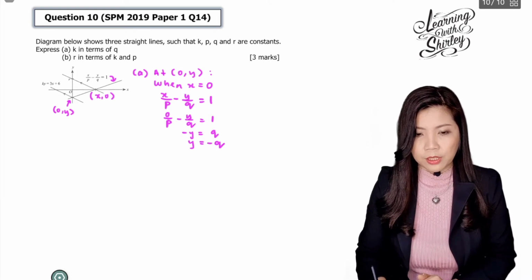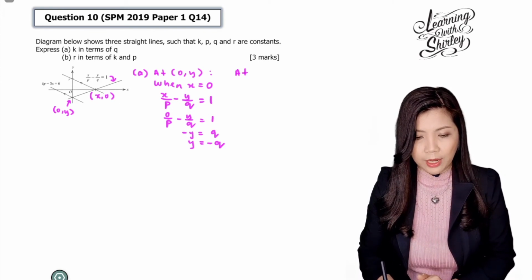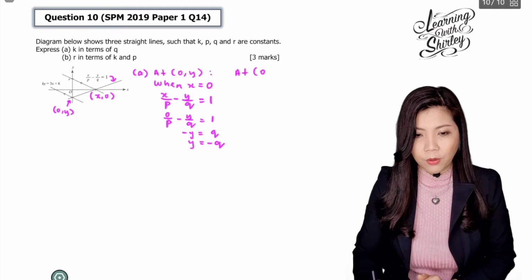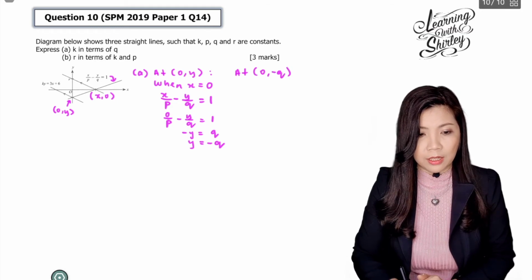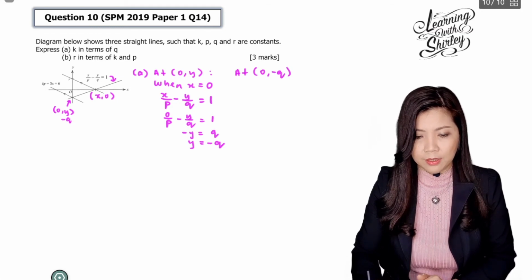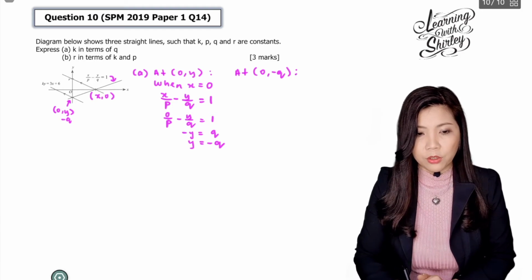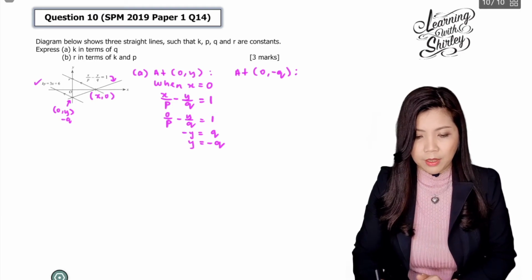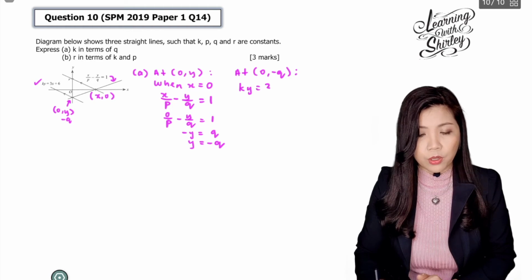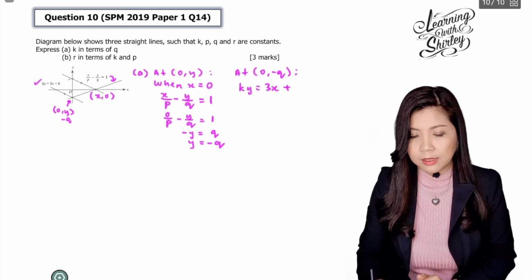So we put this aside. Now y equals negative q, so at 0, negative q, which means here is negative q. At here, I'm going to substitute into the second equation, which is ky equals 3x plus 6.